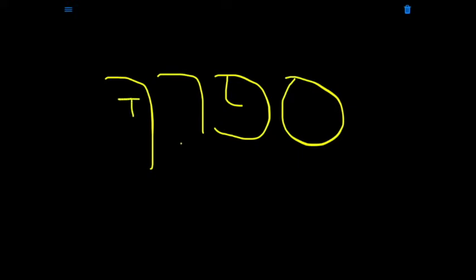And I'm going to give you a word as an example of that now. And it's this word. Sifracha. So the second of these is vocal, sifracha, and the first is silent, sifracha. So that's the first thing we need to know about the shewa.